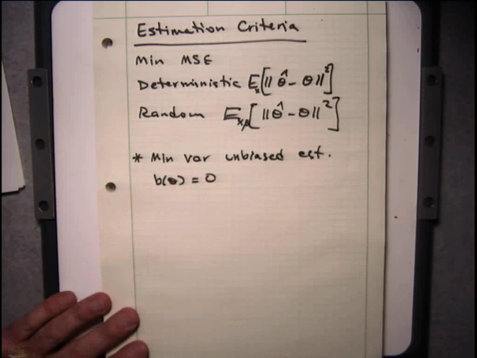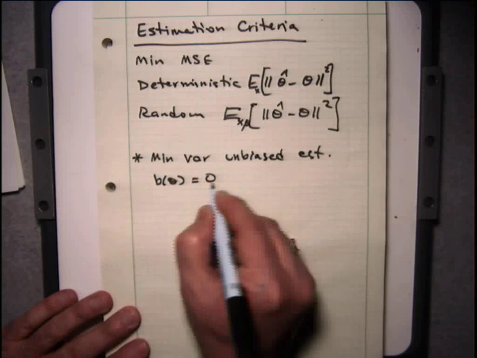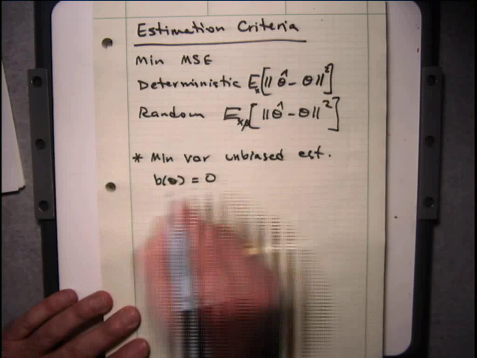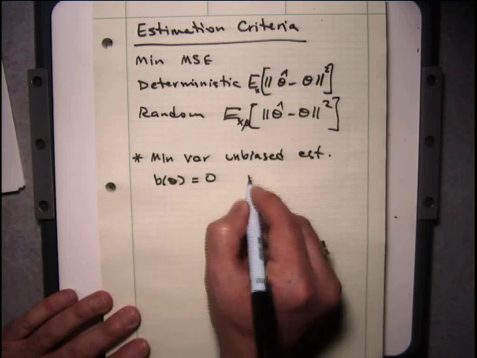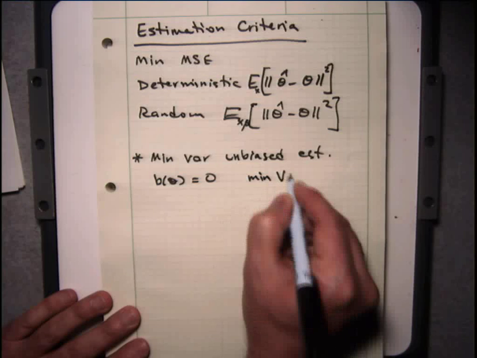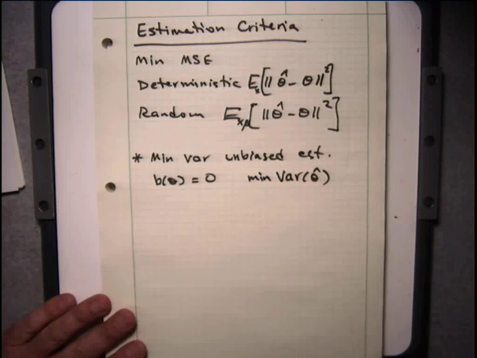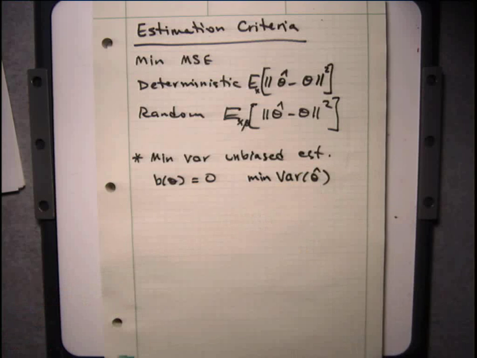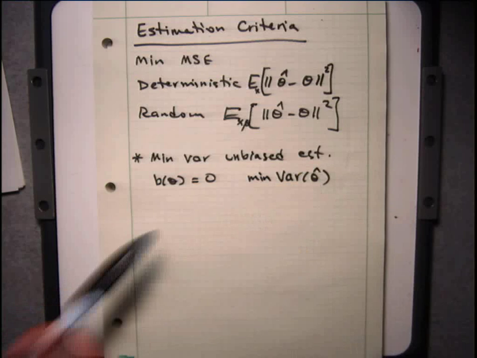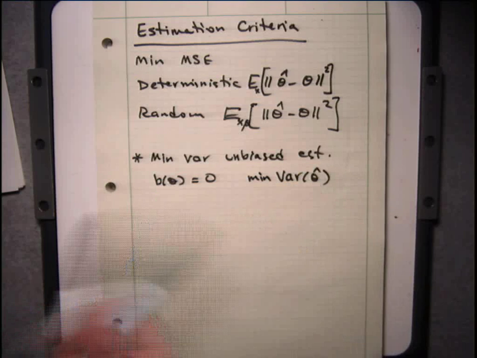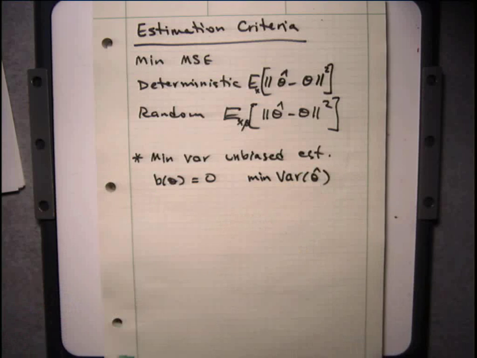The bias is equal to 0, and then you satisfy this constraint while trying to minimize the variance of the estimate. And again, we saw that this even was difficult to find because it may in fact be impossible to even find unbiased estimators for certain types of problems.